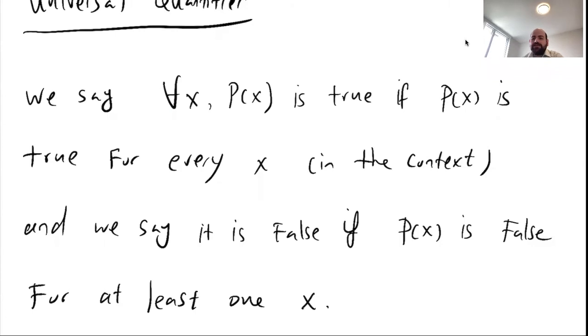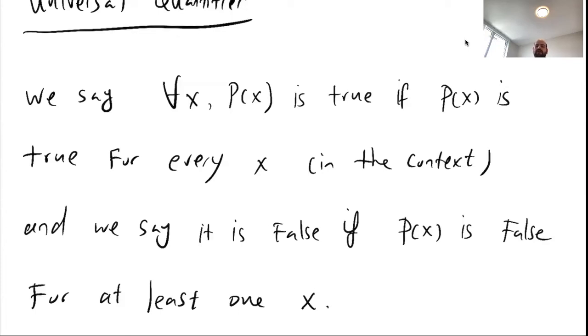Now, this x could be numbers. In the case of numbers, normally we can assume that x is a real number, or x could be coming from the set of, if x is a person, let's say, people in the world, right? So there is normally a set which is usually called the domain, where x is chosen from that domain.